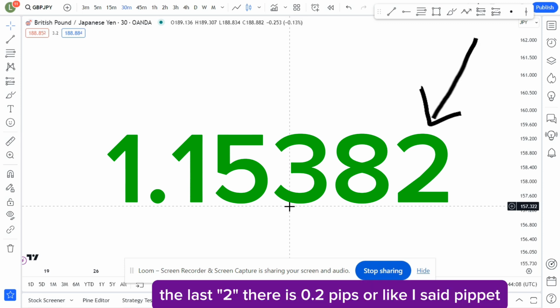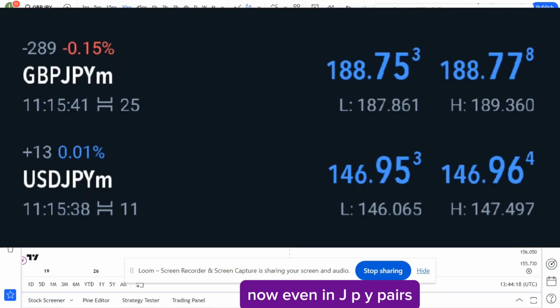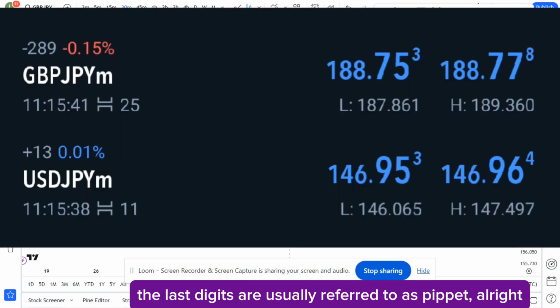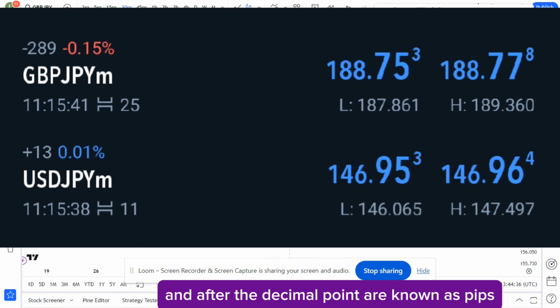The last 2 there is 0.2 pips, or like I said, a pipette, which is a fraction of a pip. Now even in JPY pairs, the last digits are usually referred to as pipettes. Again, it is for the broker. Whatever broker that you are using, that is where they get their cut from. But other numbers before the pipettes and after the decimal point are known as pips.